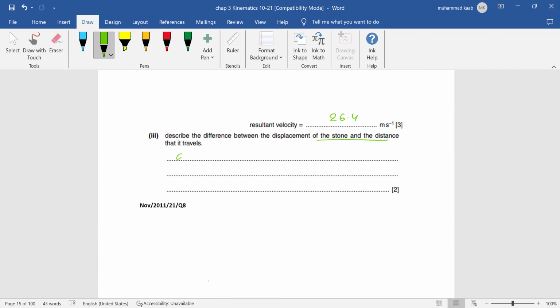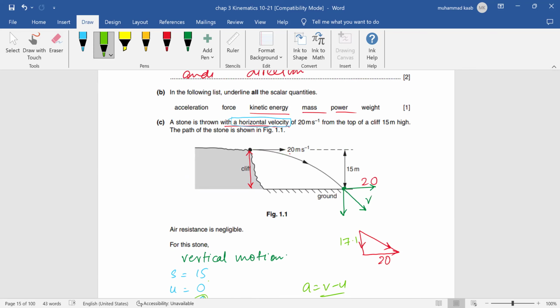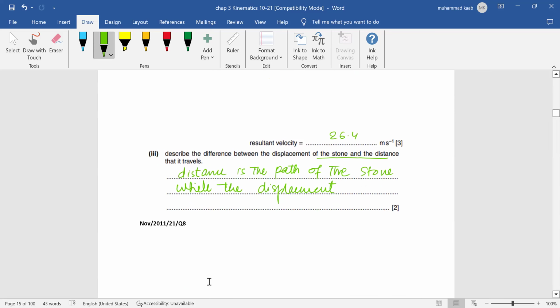So you can say that the distance is the path or track of the stone, while the displacement is the shortest possible distance from this point to this point.